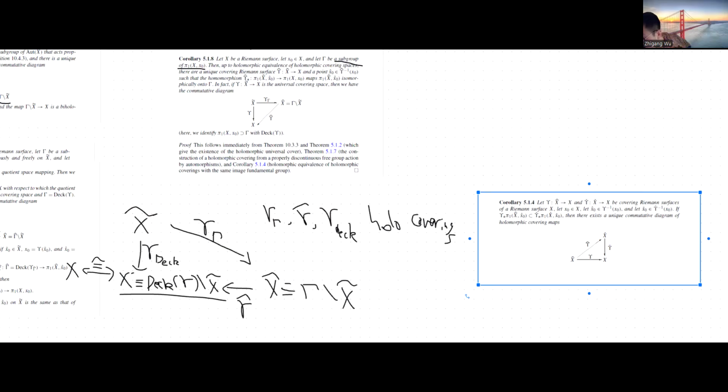Basically it says if you have the inclusion of the push forward of the fundamental group, then there is a unique commutative diagram of holomorphic mappings.